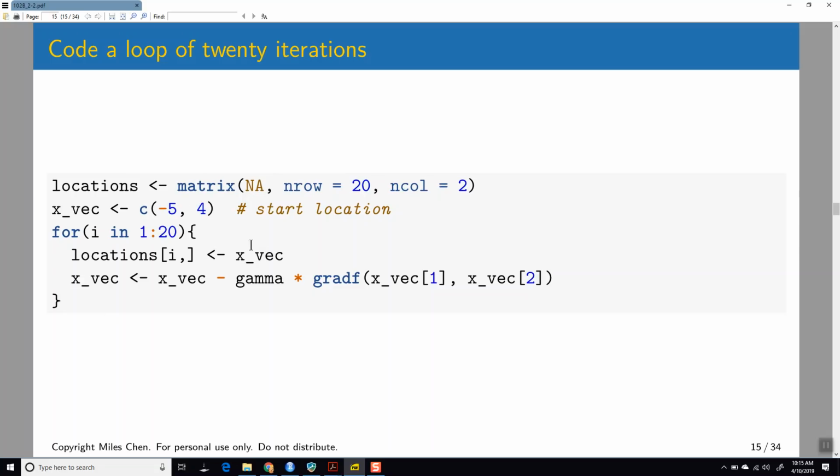In my loop, all I'm going to do is store my current start location, this x vector, into the ith row of the matrix. And then I apply gradient descent, which is exactly this: your current x location minus gamma times the gradient there. I'm going to store that as our x vector. Then for the next iteration, it takes that and stores it into the second row of the matrix, and it's going to fill out the entire matrix that way.